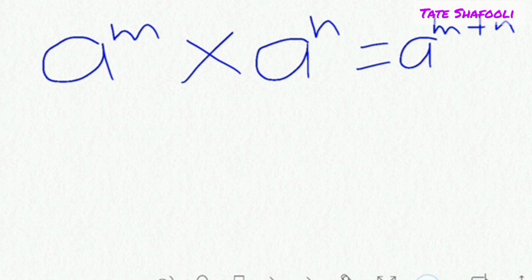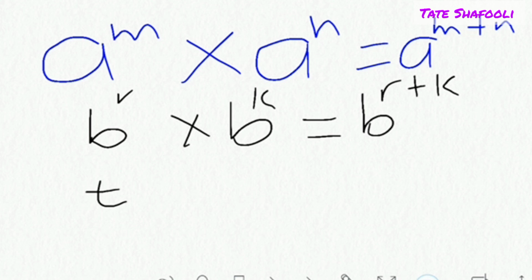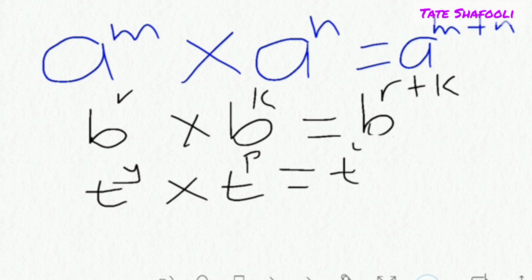Some learners can use b to power r times b to power k is equal to b to power r plus k, while some will write t to power y multiplied by t to power p can be simplified as t to power y plus p, and so on.